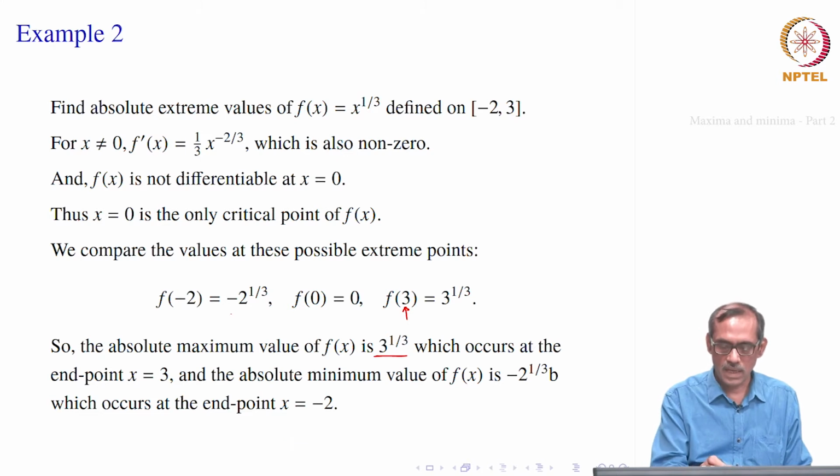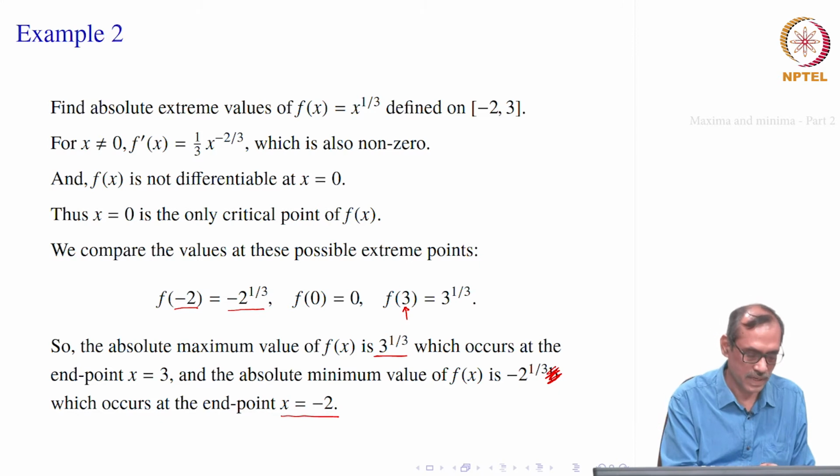And again here f 0 is not the minimum because there is a negative value. So, minus 2 is the point of absolute minimum, and the absolute minimum value is minus 2 to the power 1 by 3. So, the absolute minimum value is minus 2 to the power 1 by 3, and it occurs at x equal to minus 2.